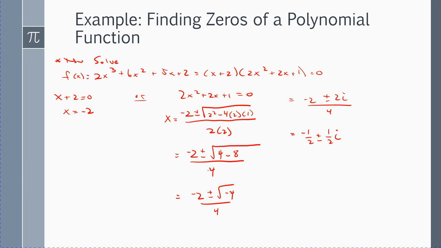So we only have one real zero and we have 2 imaginary zeros. So my solution set here would be minus 2 and then minus 1/2 minus 1/2 i, and then minus 1/2 plus 1/2 i.